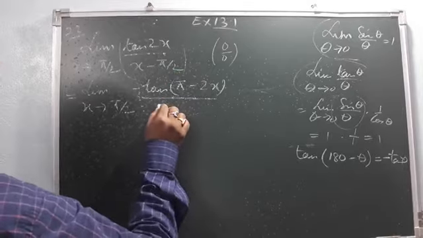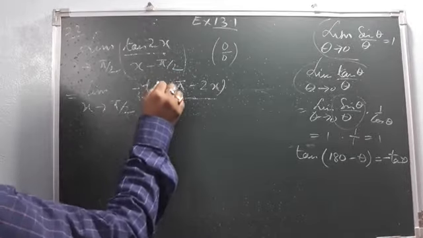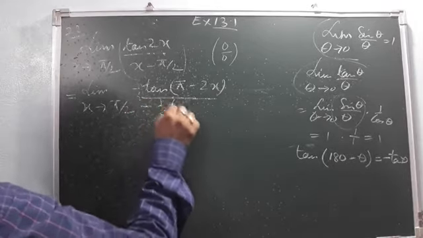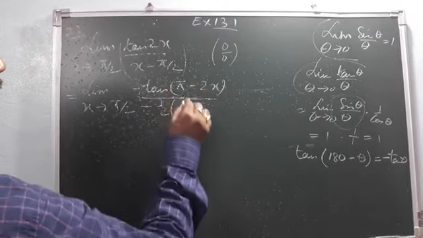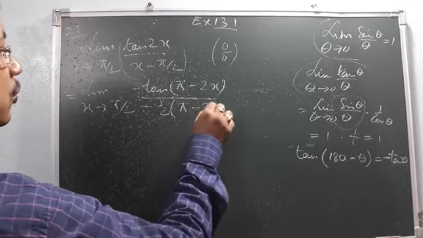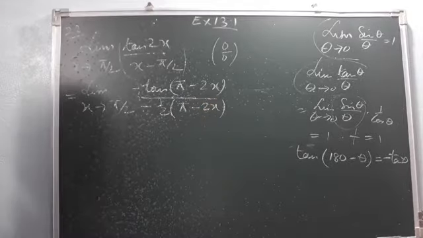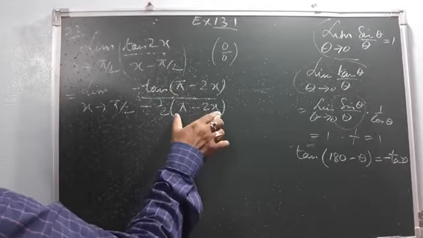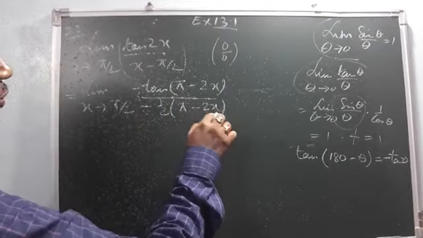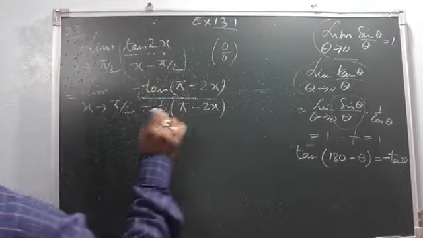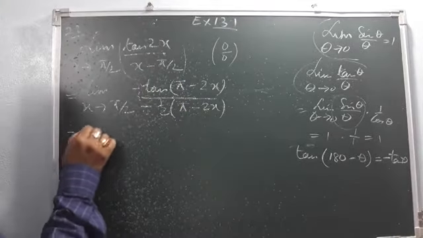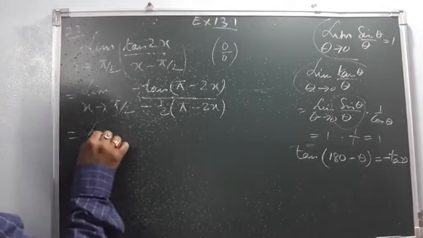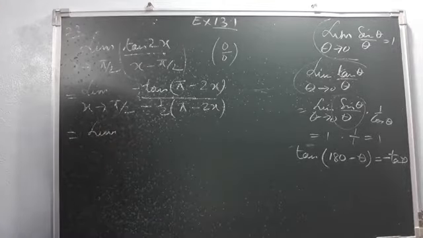And here, if we take minus half common, then it will be pi minus twice x. Students, try to understand. If we remove this bracket, minus half into minus pi by 2 will give plus x. So we can write this one. So ultimately, x tends to pi by 2, so twice x will tend to pi.